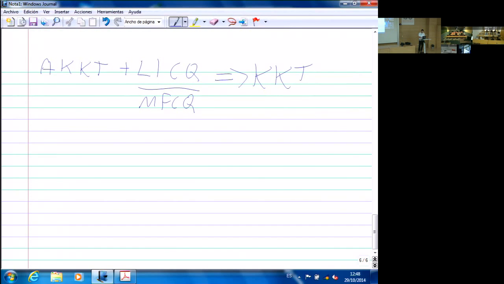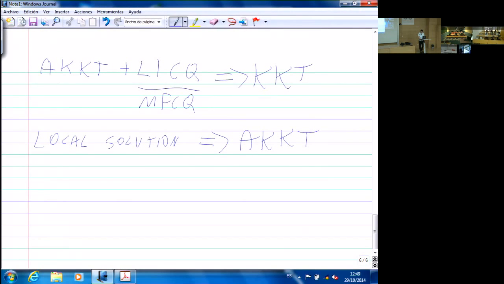And what we know before, by the approximate KKT theorem, is that if you have a local solution, this must be an approximate KKT point.